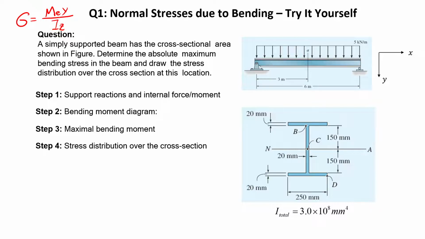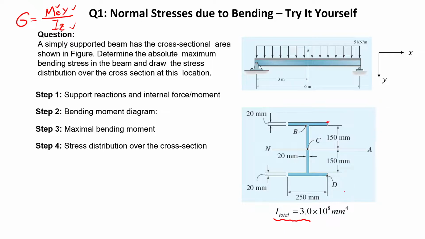So we need to find this term: M, the moment, and y is maximum. It should be the edge of the beam, and Iz is the second moment of area of this I-beam. We need to do them separately. Here, I just directly give you the Iz. That's worked out already.